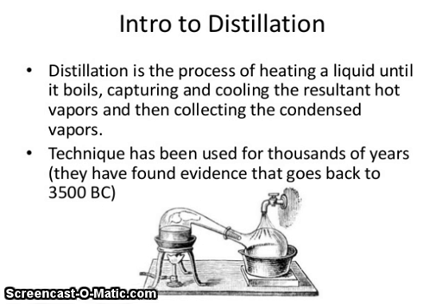Now, what is distillation? Distillation is the process of heating a liquid until it boils, capturing and cooling the resultant hot vapors, and then collecting the condensed vapors. This technique has been used for thousands of years.